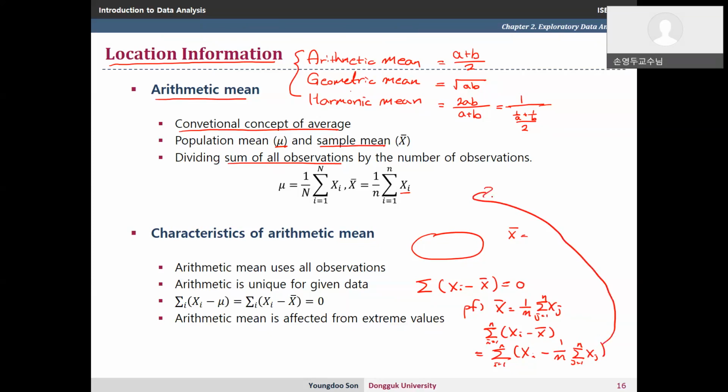So if we take 1 over n to the outside, then summation i equals 1 to n of xi minus summation j equals 1 to n of xj. So it is 1 over n times the summation i equals 1 to n.